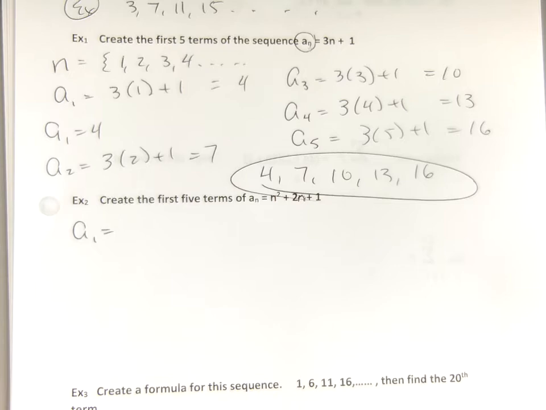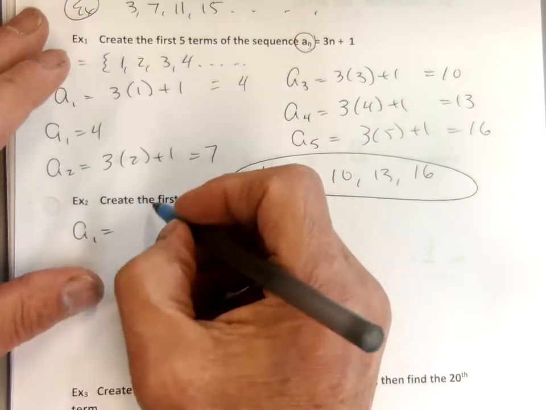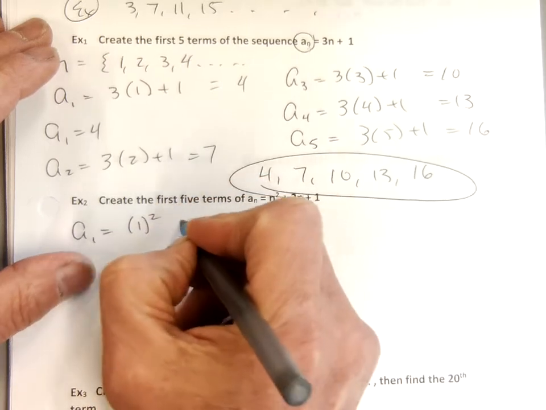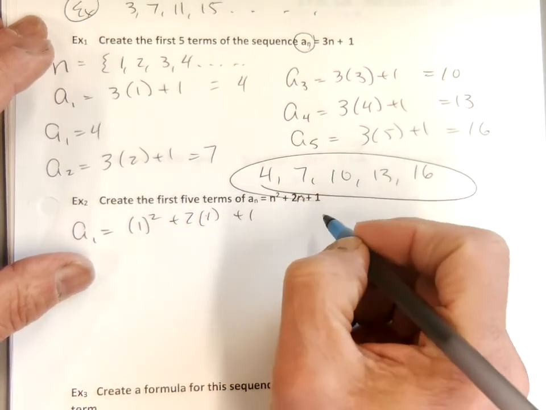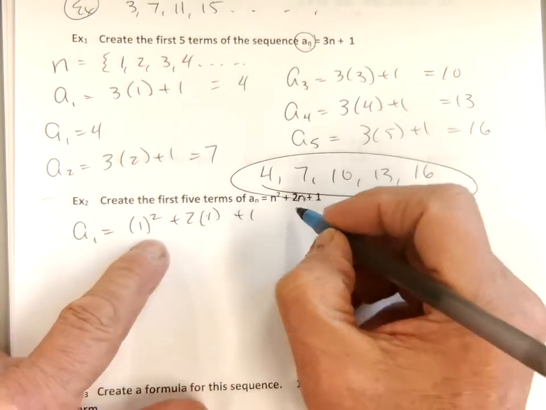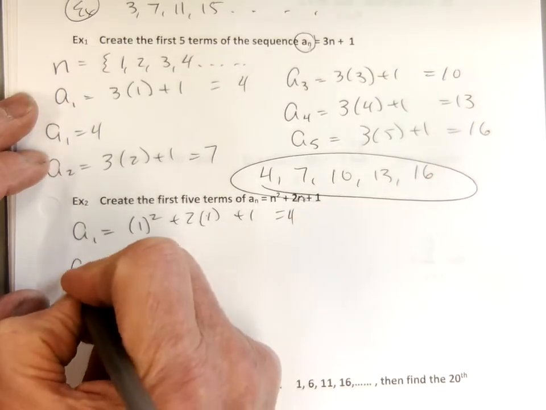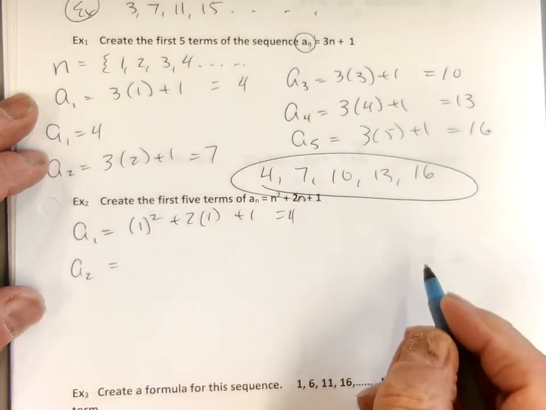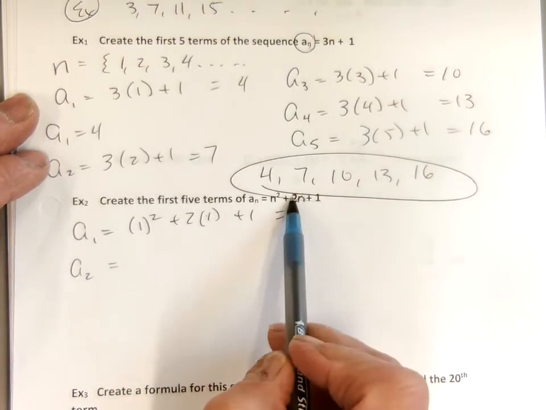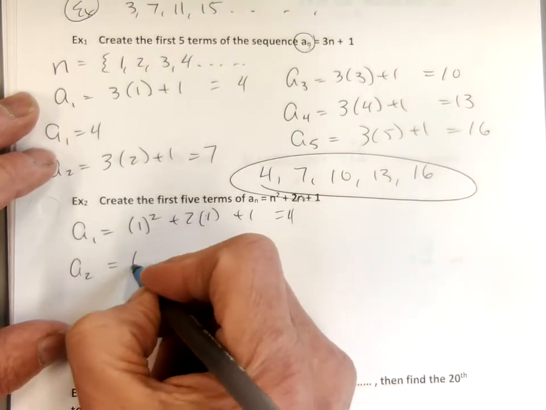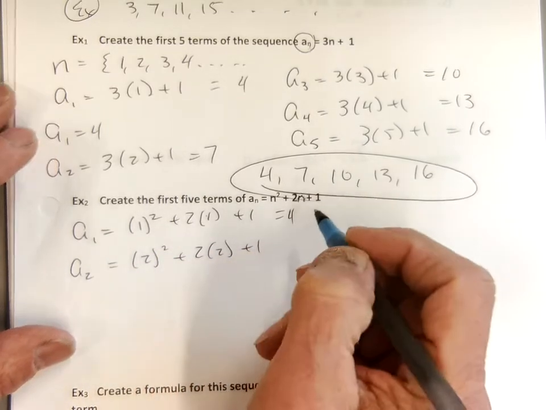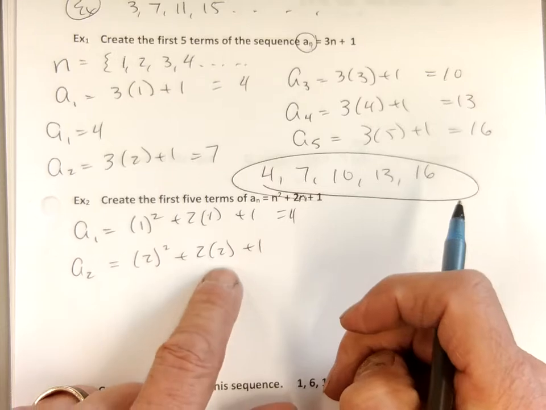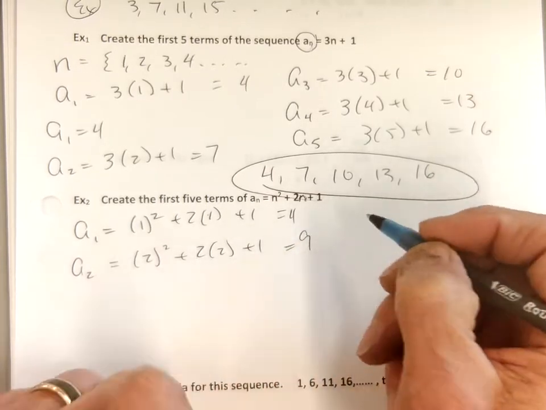Alright, so 1 squared plus 2 times 1 plus 1 is 4. A2, how do I make A2? I plug 2 in front, so I'm going to go 2 squared plus 2 times 2 plus 1. 4 plus 4 plus 1 is 9, okay?